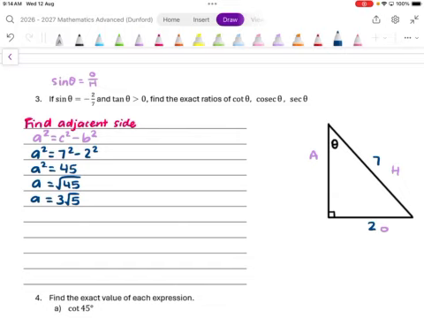Okay, the next piece of information that we have is about when sine is negative and we have that tan is positive. So what we need to look at is our ASTC. When we look at our ASTC, we have that sine is negative in our T and our C quadrants.